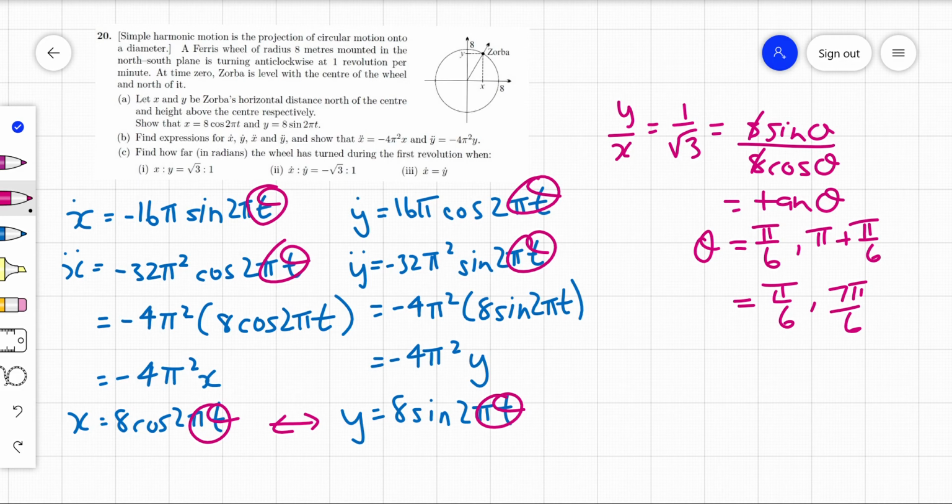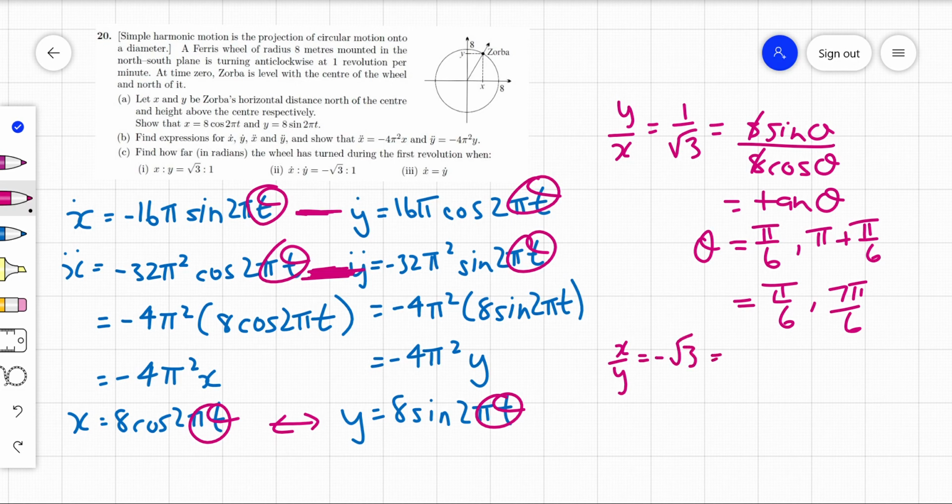All right, now we want x dot and y dot. If we have a look at them, the sine is the x dot, so I'm going to do x dot on y dot for this one. Yep, x dot on y dot is negative root 3 on 1, so I've got negative root 3.